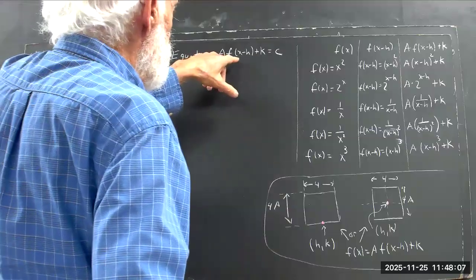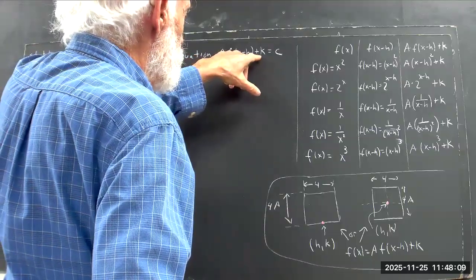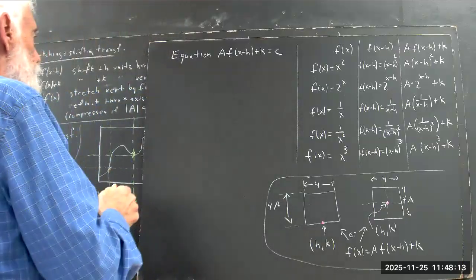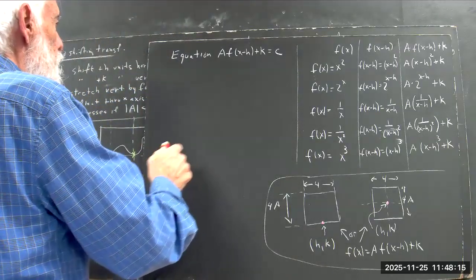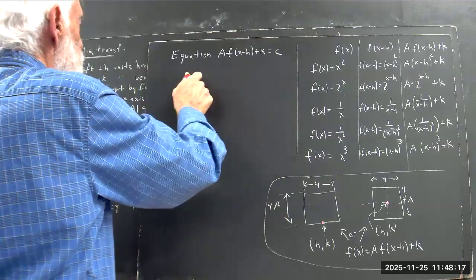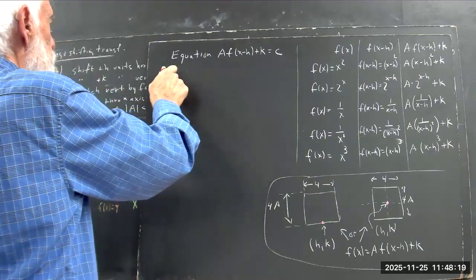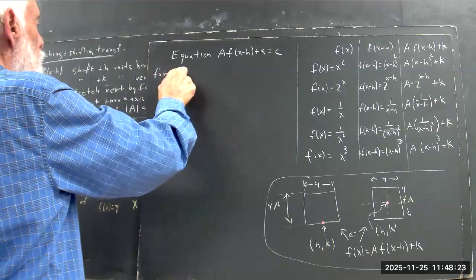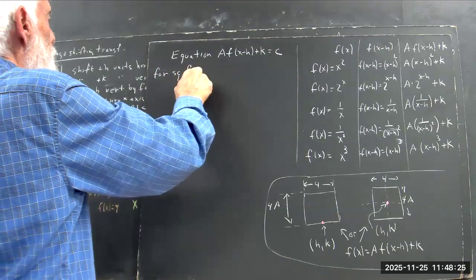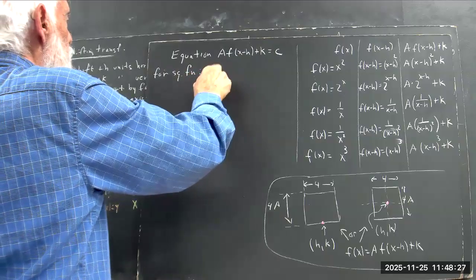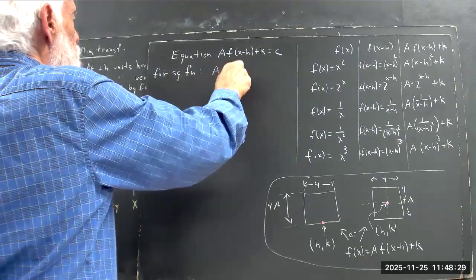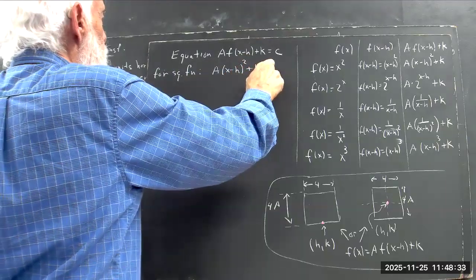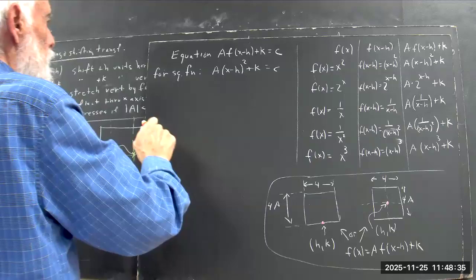Let's say the equation A, f of x minus h plus k equals c. With the squaring function, it's A times the quantity x minus h squared plus k equals c.